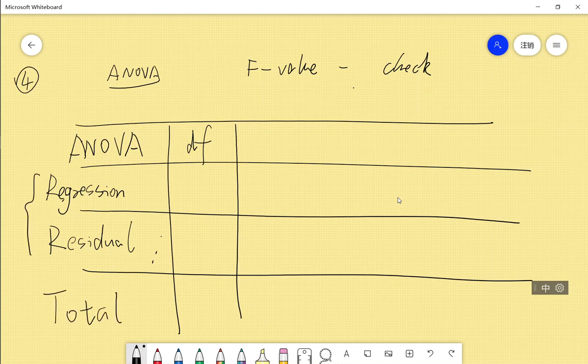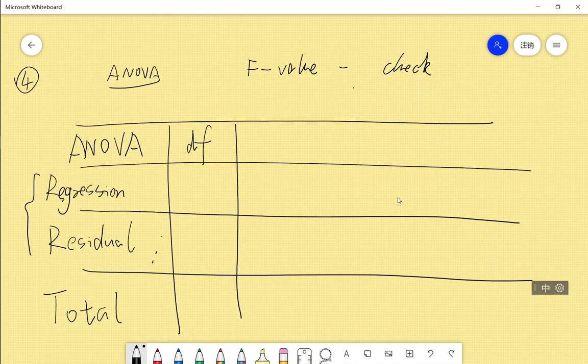You can calculate regression, residual, and total from different perspectives. So let me add all this classification and show you how to generalize this method of dealing with an ANOVA table.